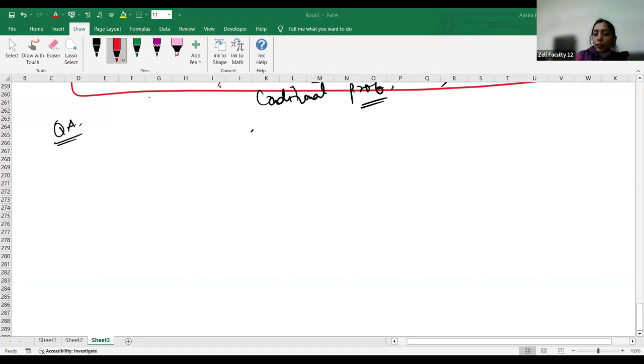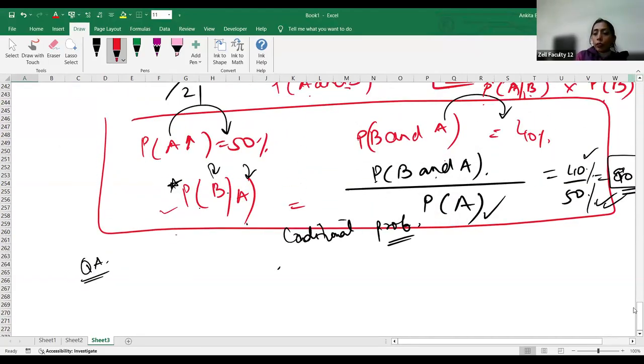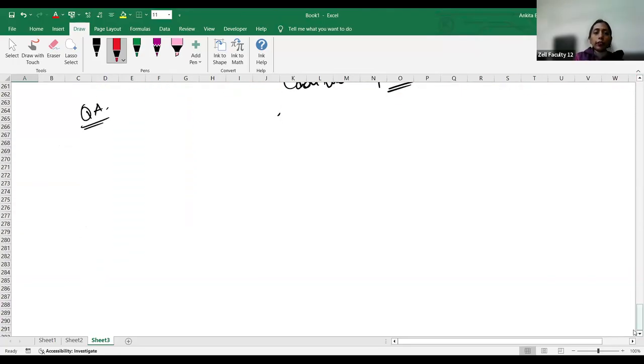Okay. Now let's understand the function again. The function that I have given you, I'll write it here: x, and then probability of x, where the probability of x was x by 21, and x was between 1 to 6 because we were throwing a dice.